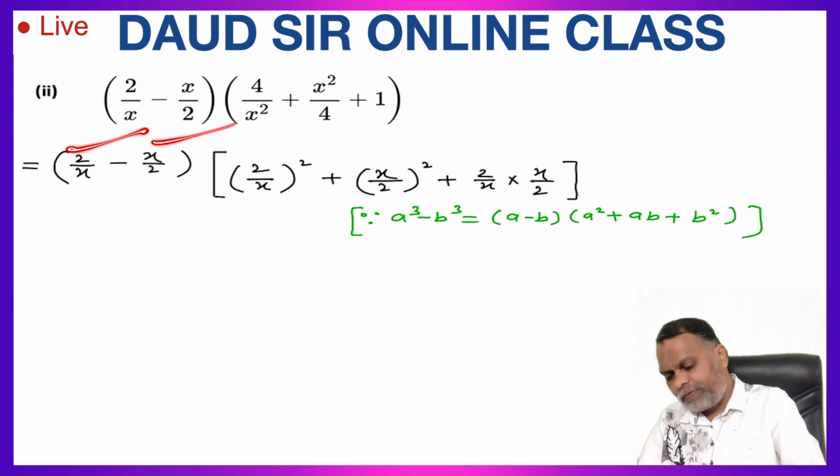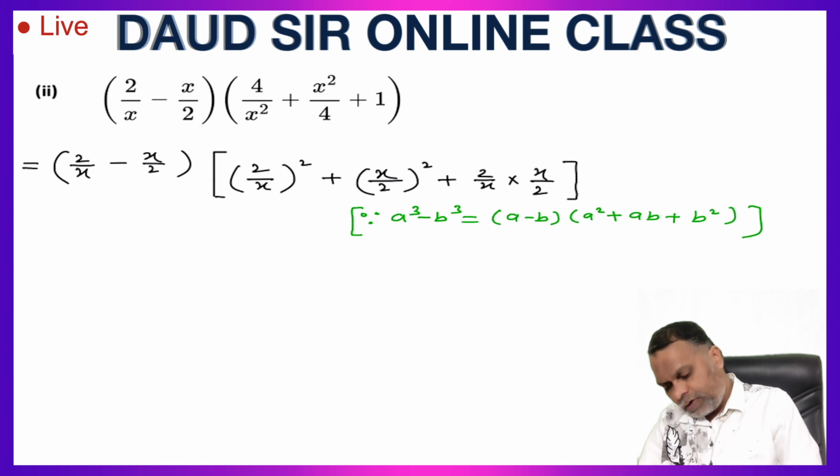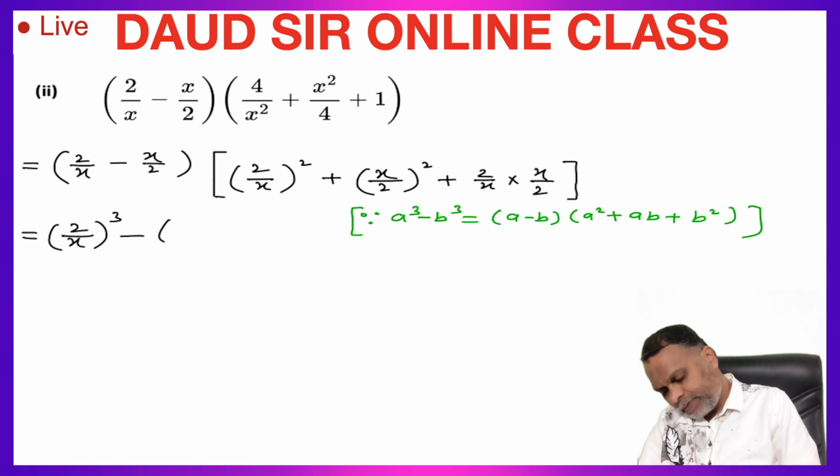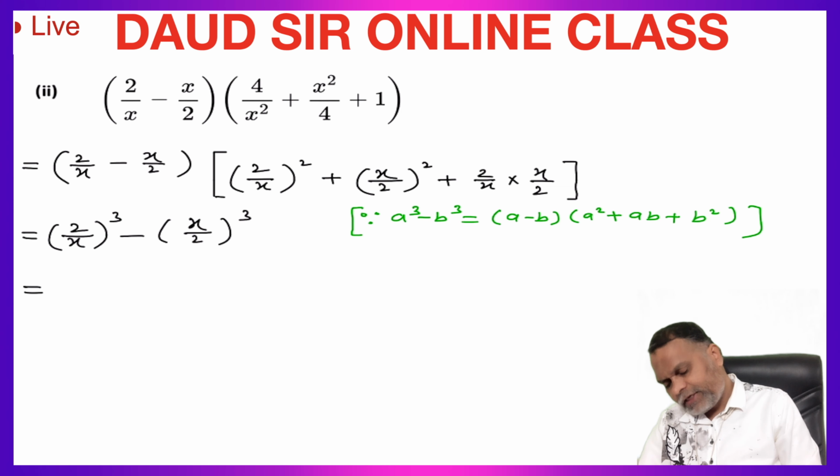A is equal to 2 upon x, b is equal to x upon 2. So which is equal to 2 upon x whole cube minus x upon 2 whole cube. Simplify this, 8 upon x cube minus x cube upon 8.